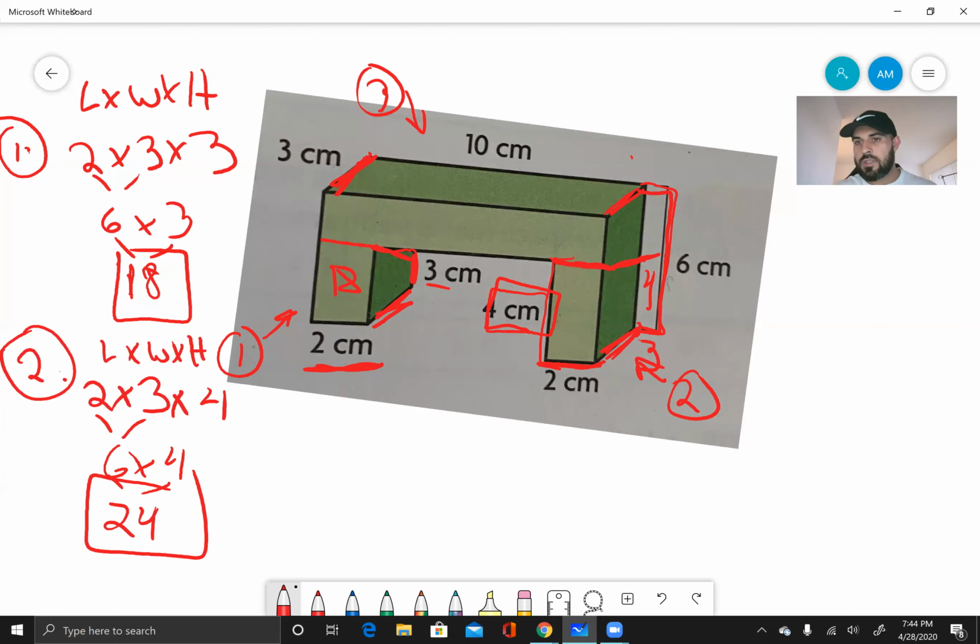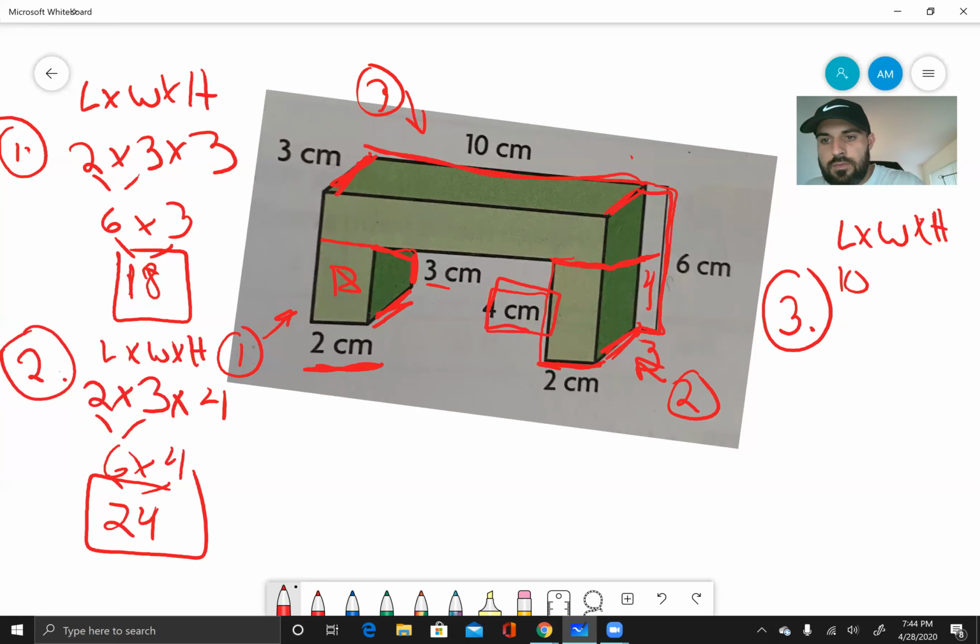Now time for the final boss, figure 3. Length times width times height. Going across, I have the big old 10. I know I have my width of 3. And now what would my height be? Let's go back to the example where we had 10 inches. I had a total from top to bottom of 6 centimeters in height.